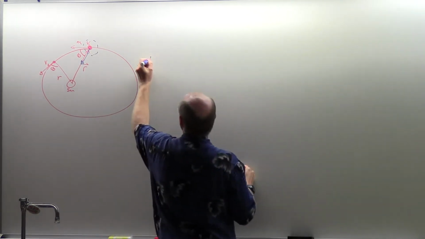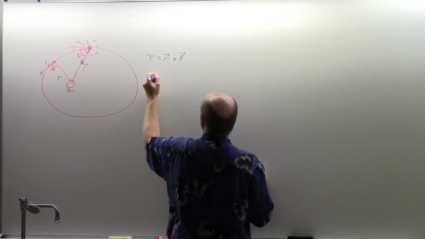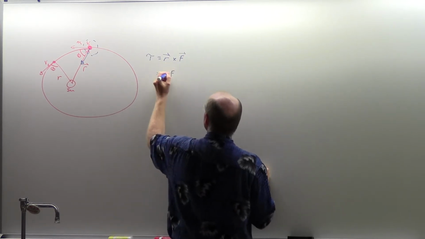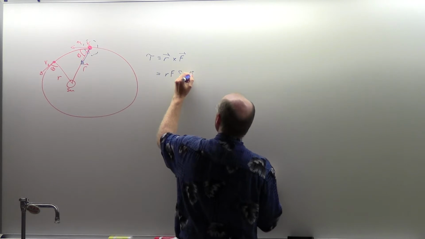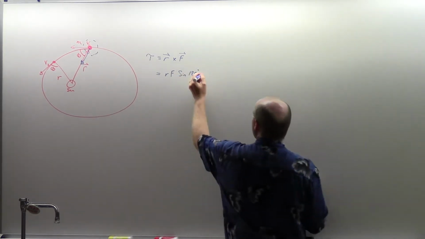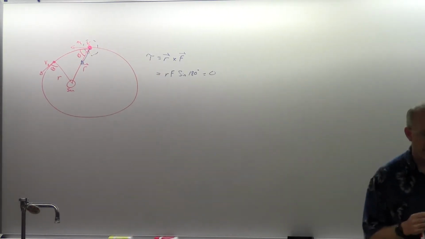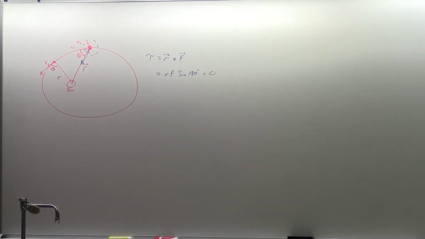When you calculate the torque, you have R cross F. Whatever F is, you still have an angle of 180 degrees between those, and you end up with zero. So here's a situation where you have conservation of angular momentum, but not conservation of linear momentum.